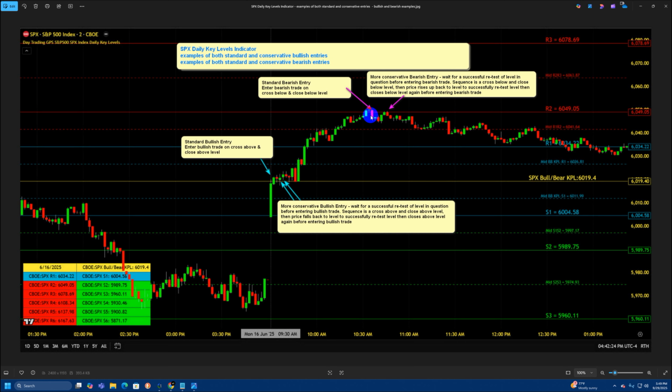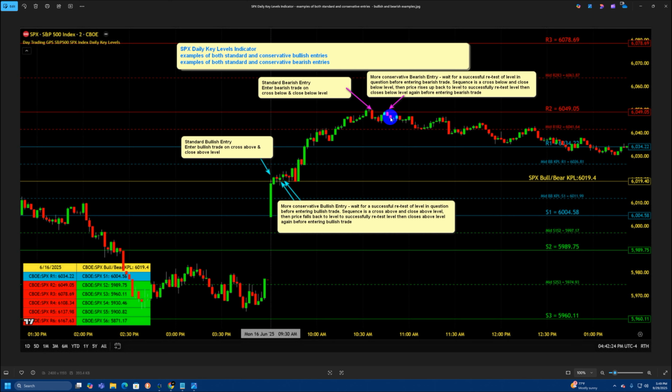In this sequence, we have a cross below, close below candle. Then price rises back up to test the level in question and then closes below that level again. That's a successful retest of the level.